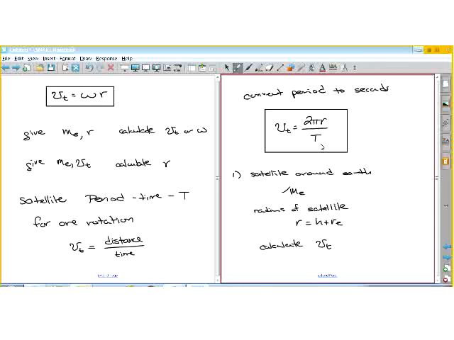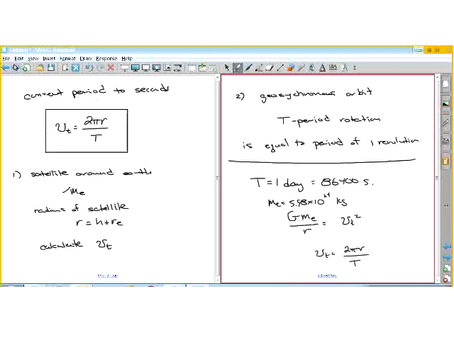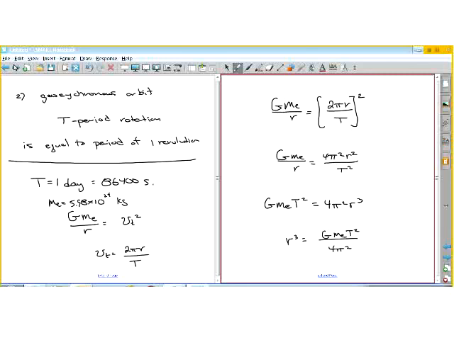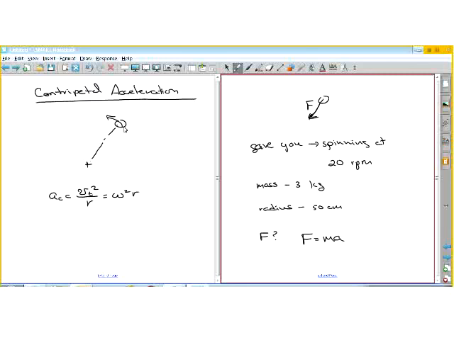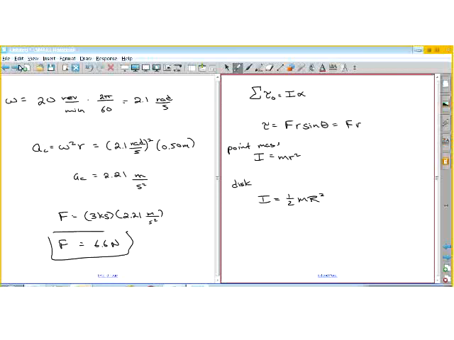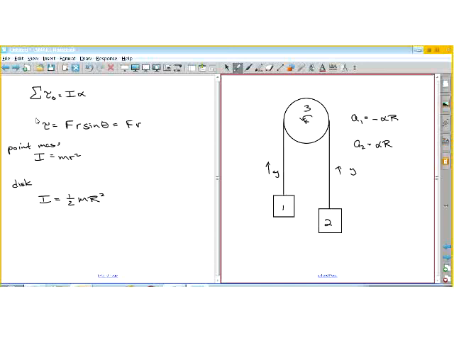You also just have the way to calculate tangential velocity based on the period and the radius of the object that's rotating. Just some simple centripetal acceleration problems. Make sure you know how to convert revolutions per minute to radians per second.